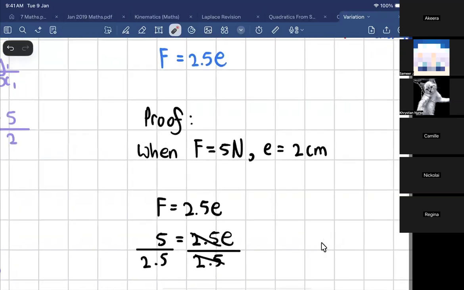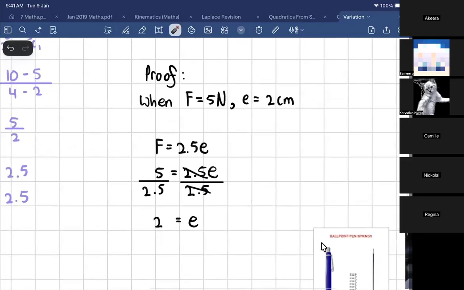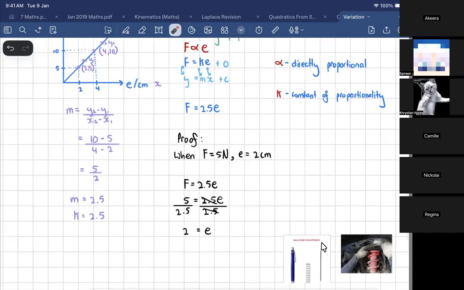So if my relationship is correct, when I plug in F as 5 and I find E, what is E supposed to be? It's supposed to be 2. Correct. Did we get 2? Yes, sir. Right. So this would have verified that our relationship was faithful to the condition I was given. When F is 5 newtons, E is 2 centimeters. So that's what I just proved.